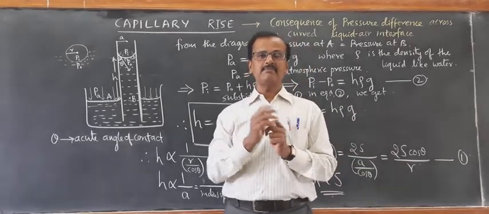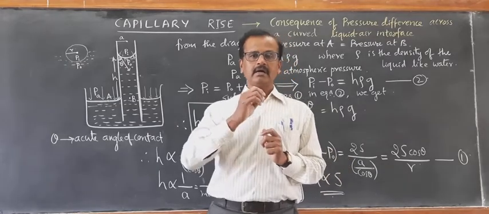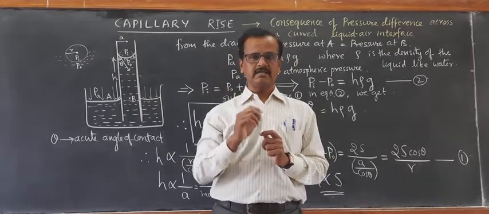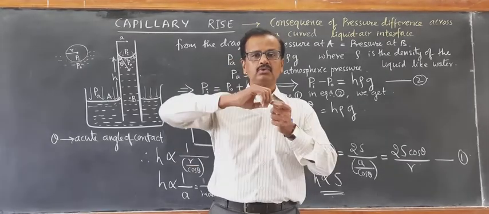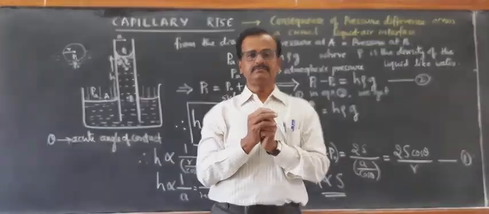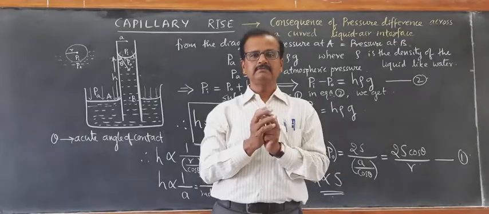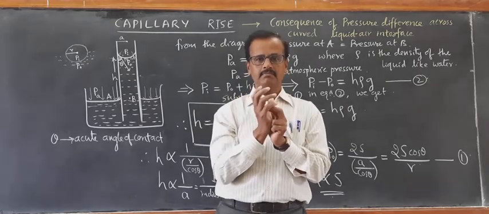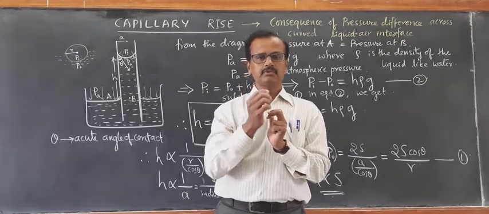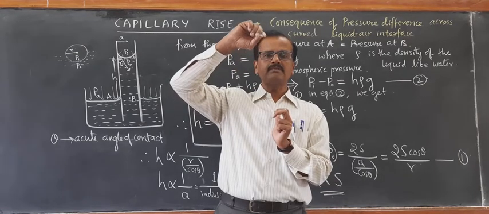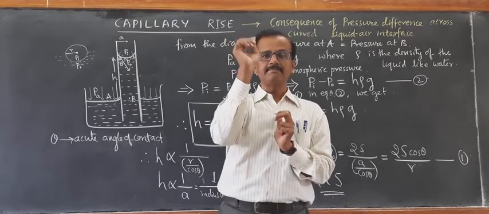And one more example I gave, the rise of liquid like kerosene through the cotton wick of a lamp. If you consider a kerosene lamp, it has a cotton wick dipped in the kerosene taken in the container. So the kerosene rises through the cotton fibers of the wick and reaches the tip.